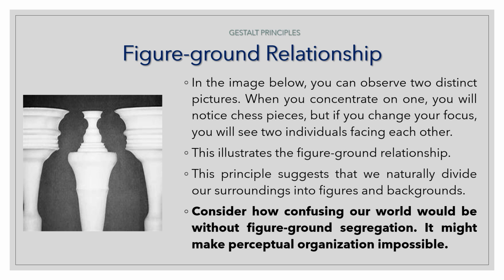When you take the black as a background, what you can see is the chess piece. So this illustrates the figure-ground relationship. Both can become the figure and ground alternatively. This depends on how you perceive the picture.